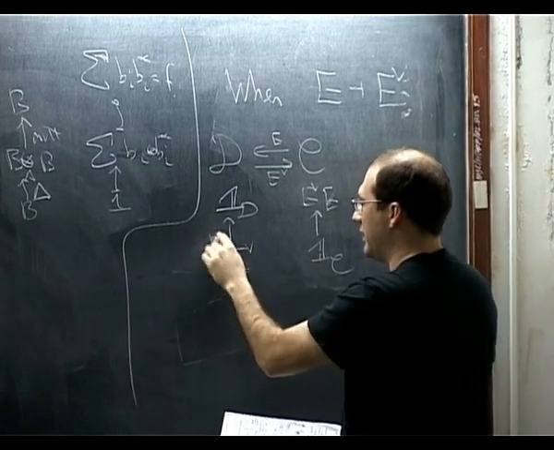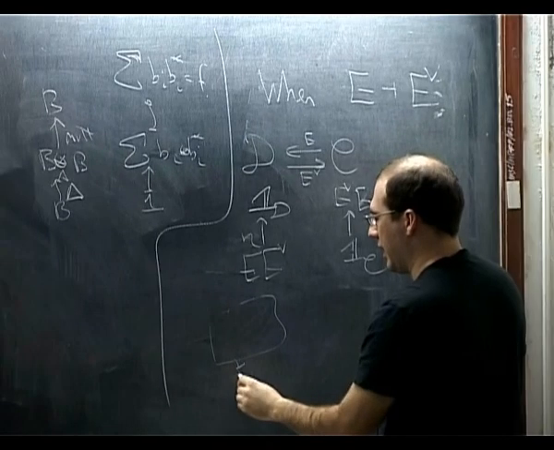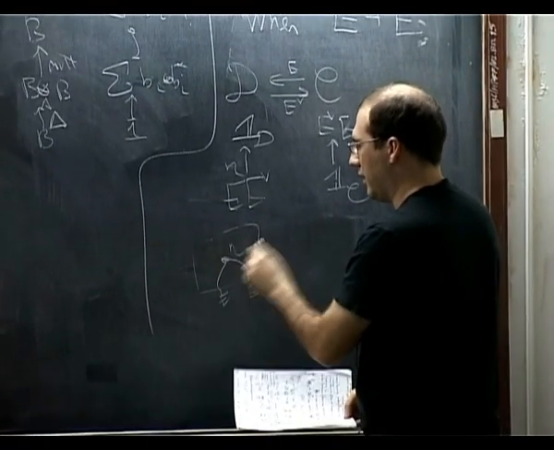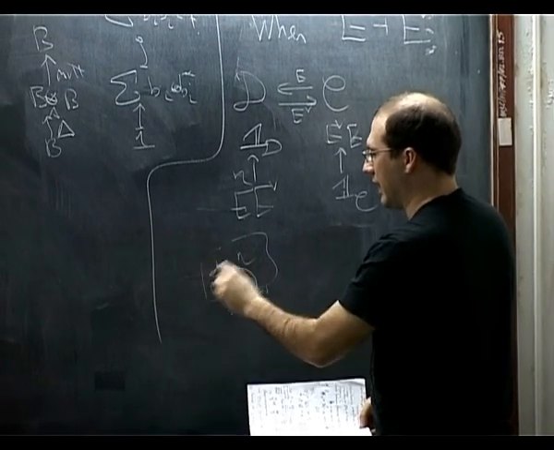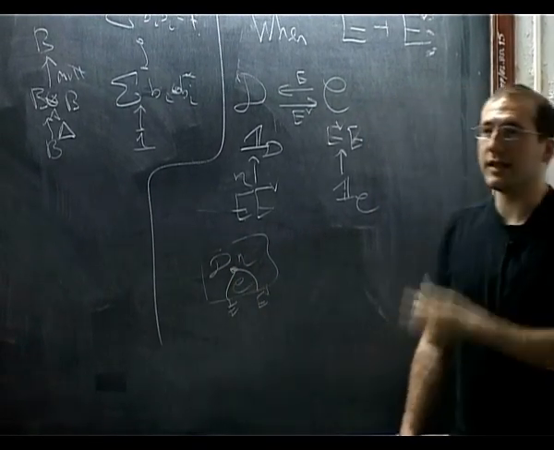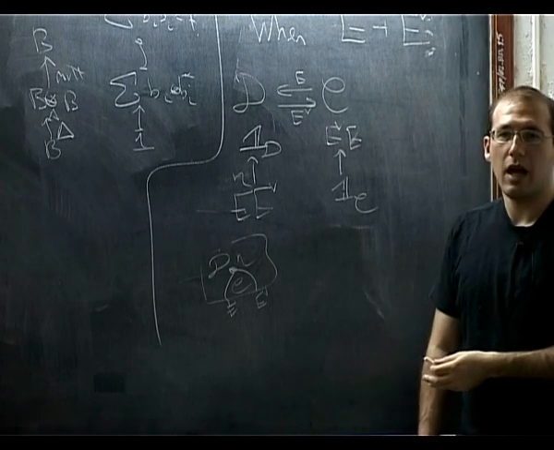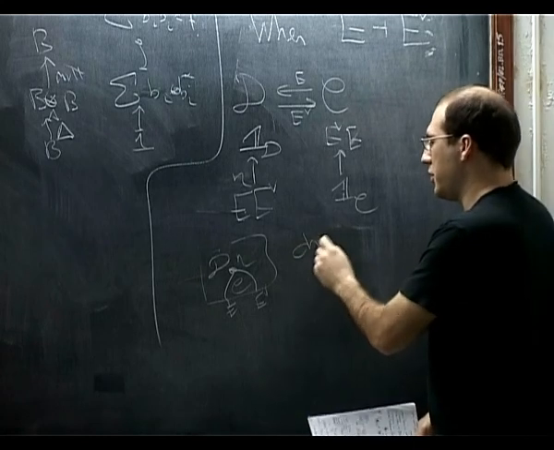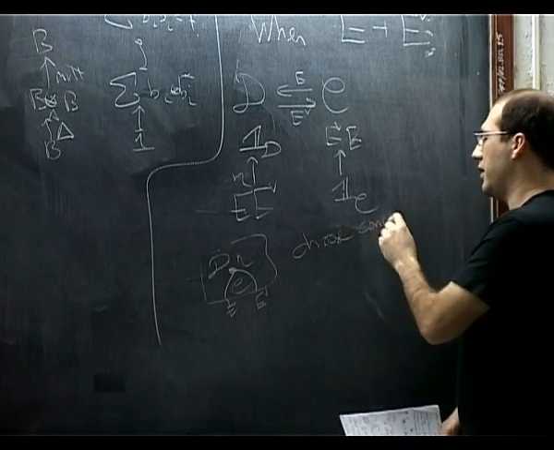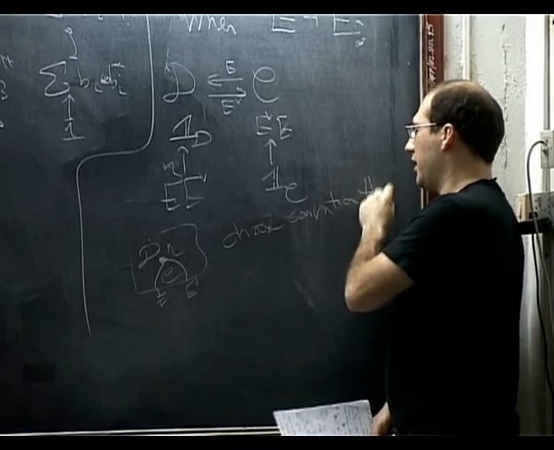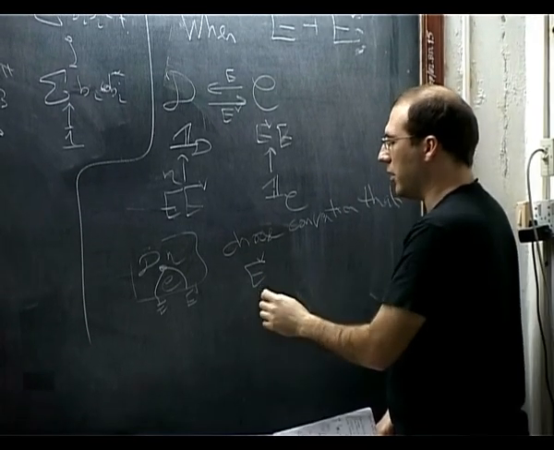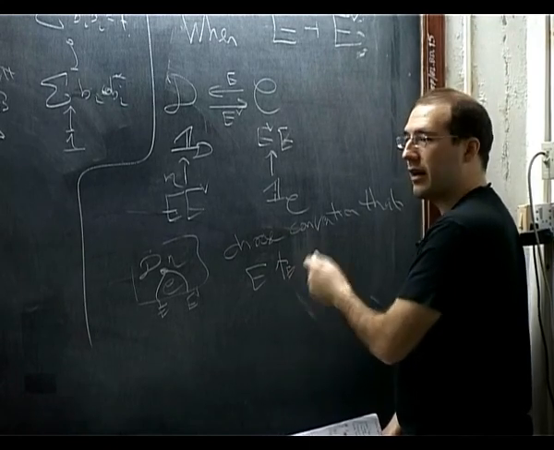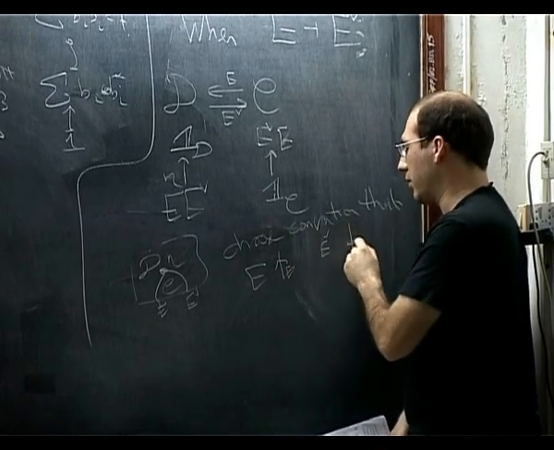This is the co-unit, and this would be a map from E dual to the identity of D, so it would look like this. But the point is, choose the convention that if E is drawn as an up arrow labeled by E, then E dual is drawn as a down arrow labeled by E.